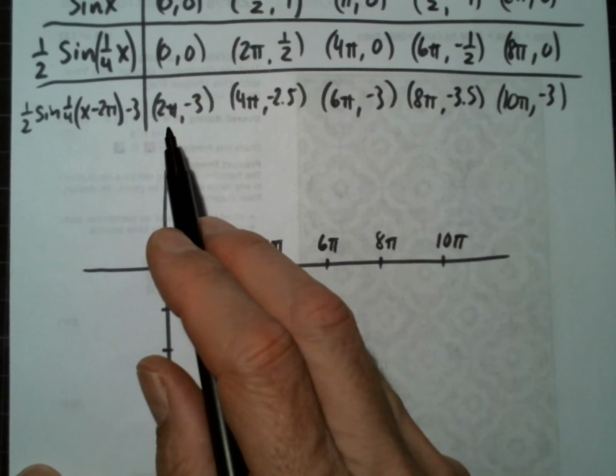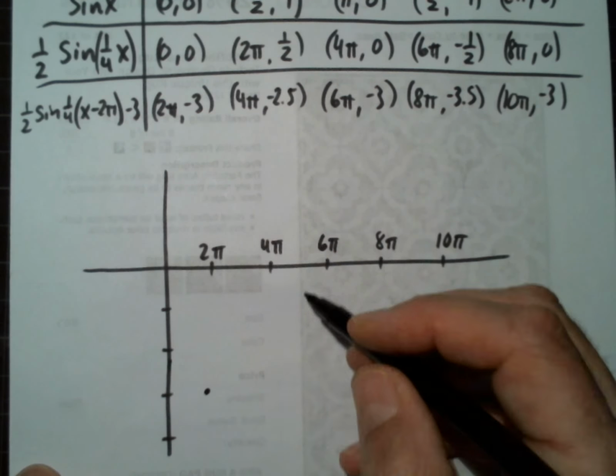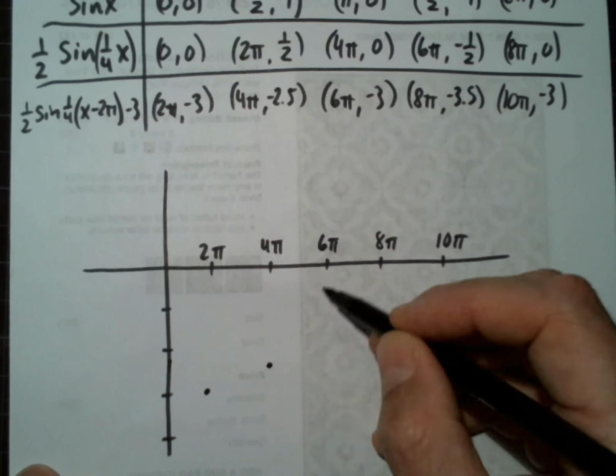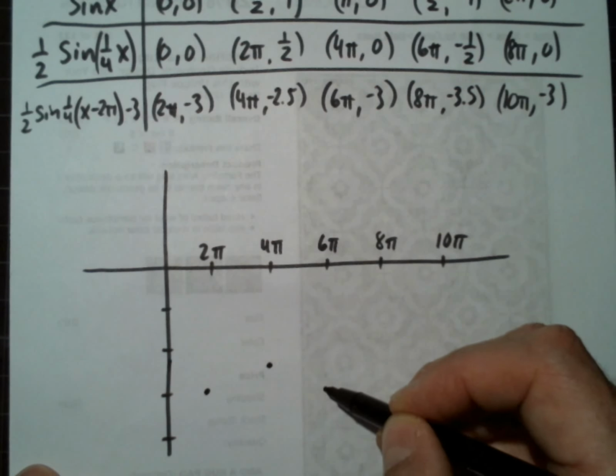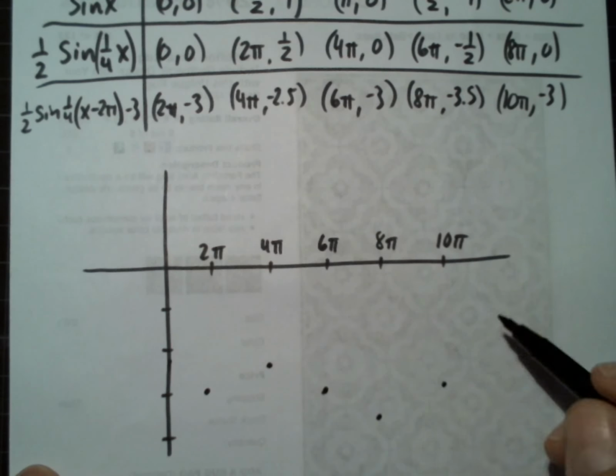We start at 2 pi, negative 3. At 4 pi, we go to negative 2.5. Back down to negative 3, negative 3.5, and negative 3.